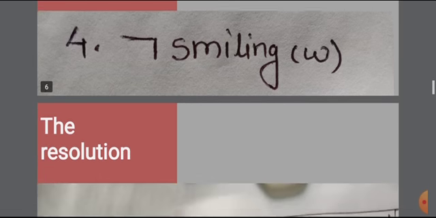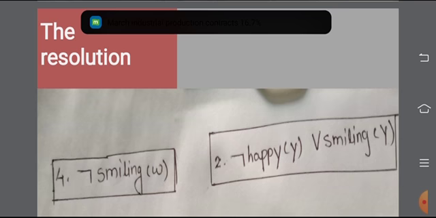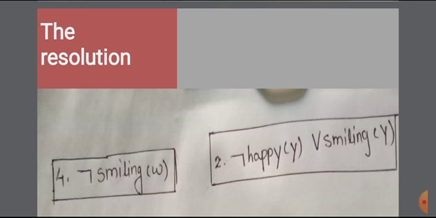Now after selection of this clause, we start searching for the available clauses. In that we will select the clause which has the predicate smiling.